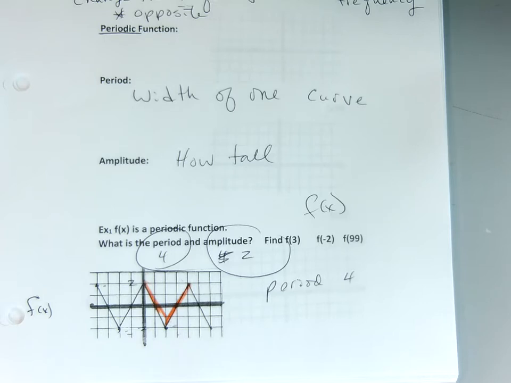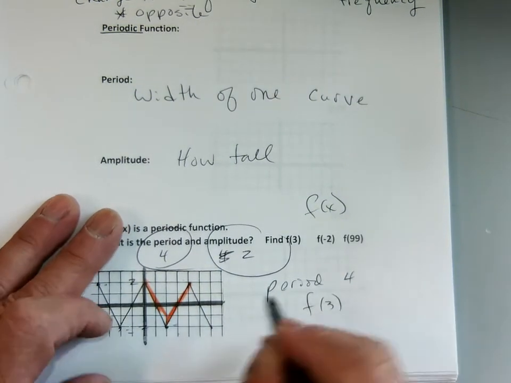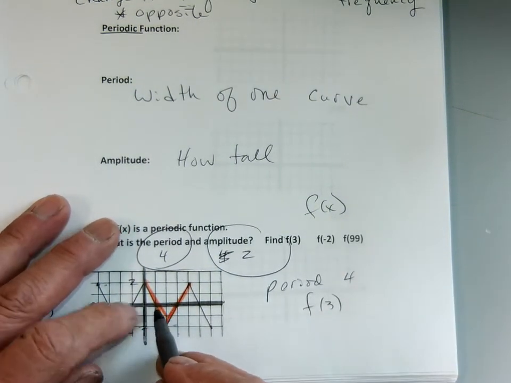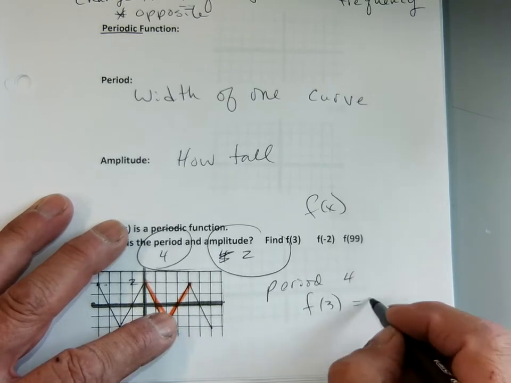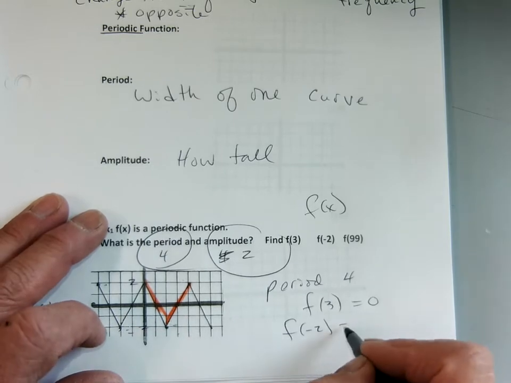Now, what's f of negative 2? Negative 2. So f of 3 is 0. f of negative 2 is negative 2, good.